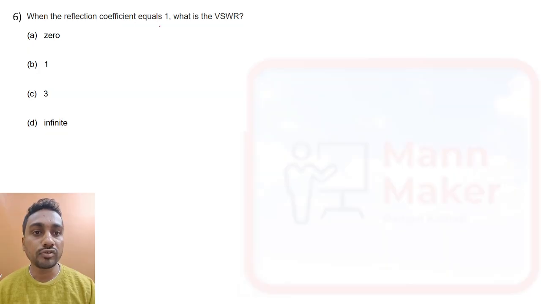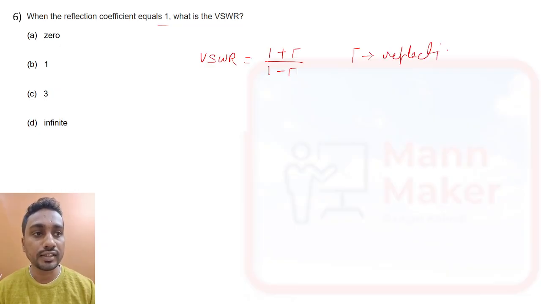When the reflection coefficient equals 1, what is the VSWR? Okay, so the relation between VSWR and reflection coefficient is VSWR equals (1 plus xi) divided by (1 minus xi). This xi is nothing but the reflection coefficient.